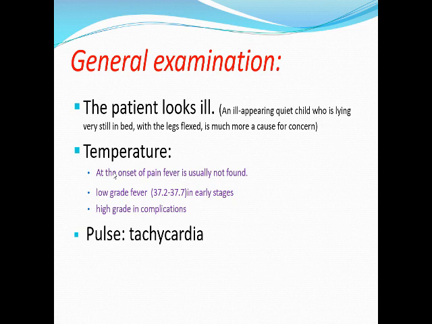But if the appendix is complicated, and the complication occurs at least 1 to 2 days after the onset of pain, you might experience high-grade fever, 39 or more, if complicated with peritonitis or appendicular abscess. But it occurs, as I told you, about 48 hours after the onset of symptoms. But at the onset, usually low-grade fever.